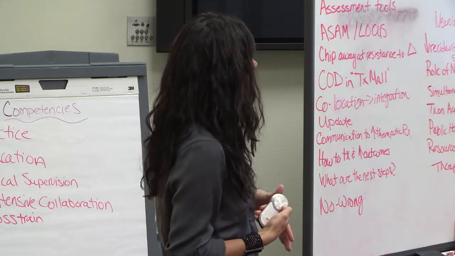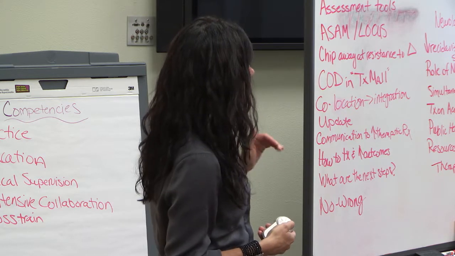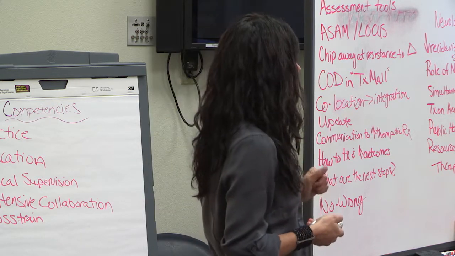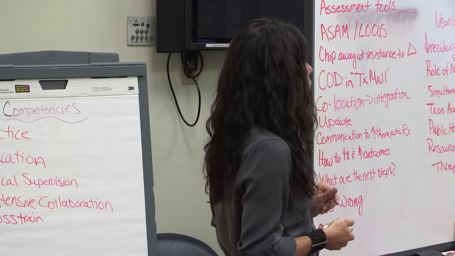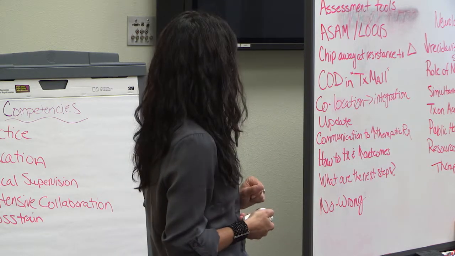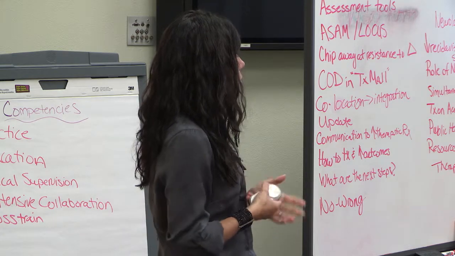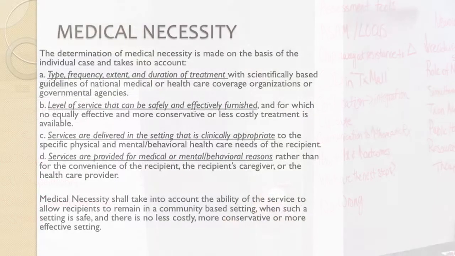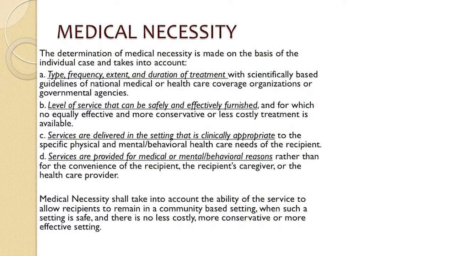The level of service can be safely and effectively furnished and for which no equally effective or more conservative or less costly treatment is available. Services are delivered in a setting that is clinically appropriate to the specific physical and mental behavioral health care needs of the recipient. And services are provided for medical or mental behavioral reasons rather than for the convenience of the recipient's caregiver, or the healthcare provider.